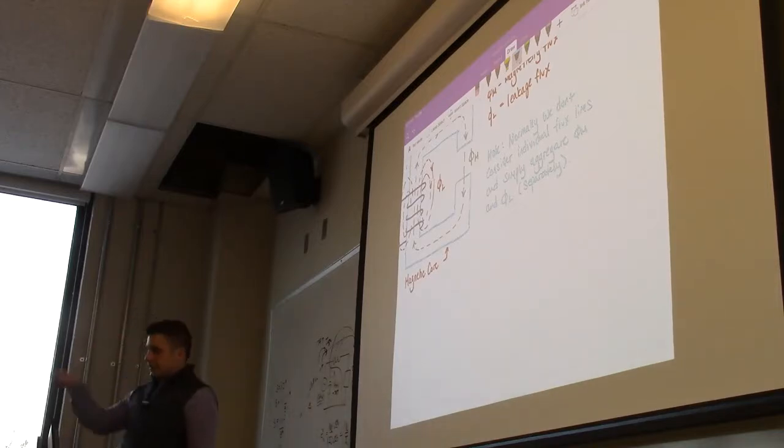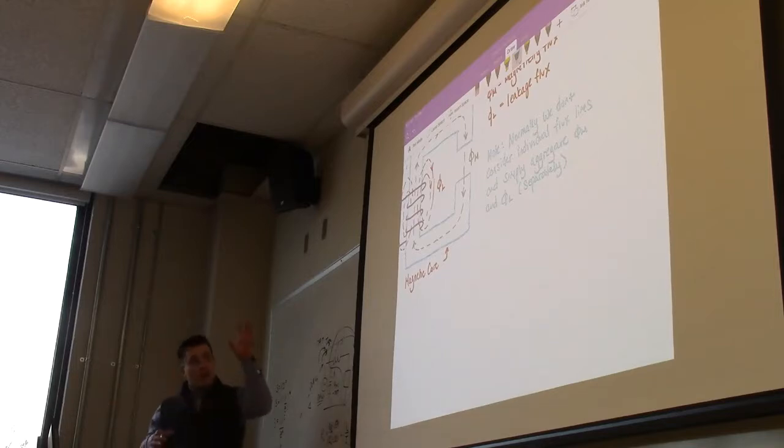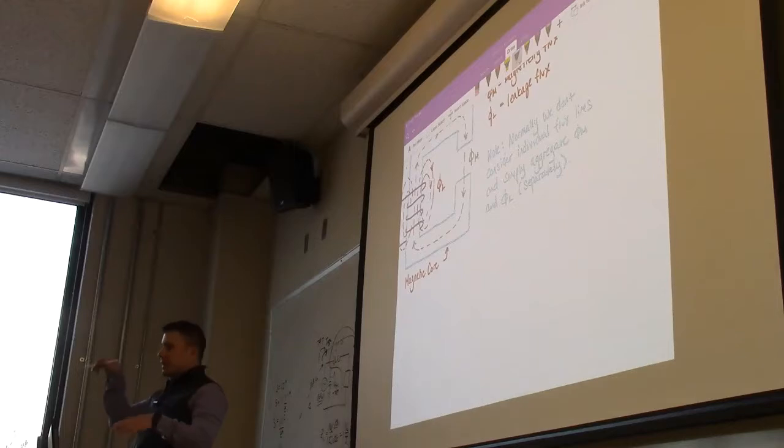We just say there's leakage flux that will encompass all the red lines, and then we have magnetizing flux, which is the gray line, which actually has lots of little gray lines inside of it.